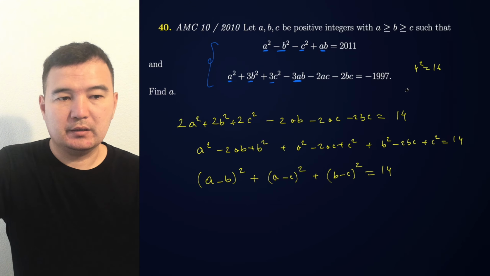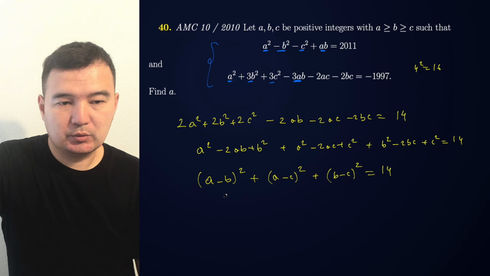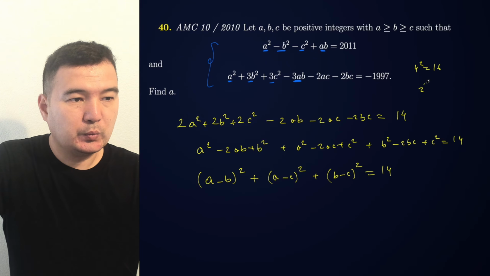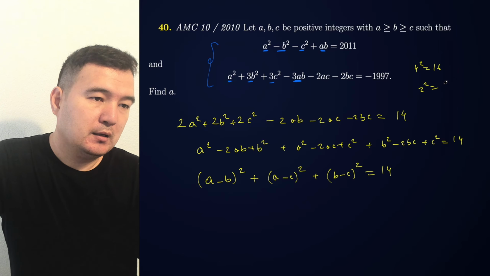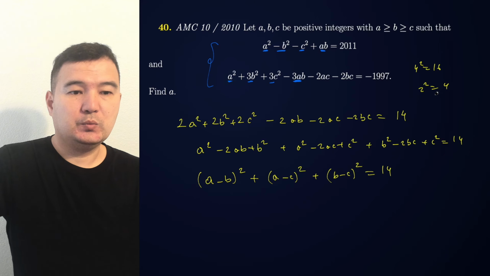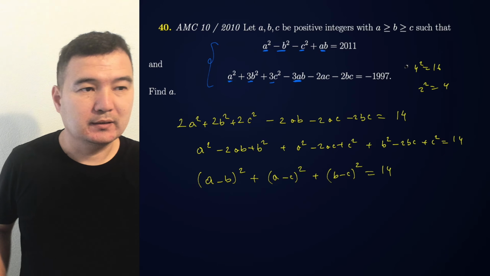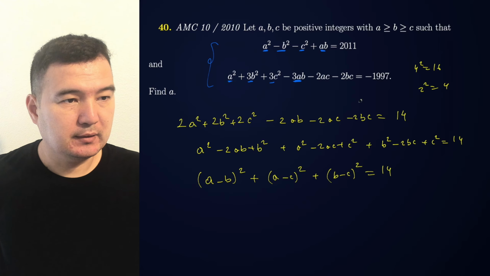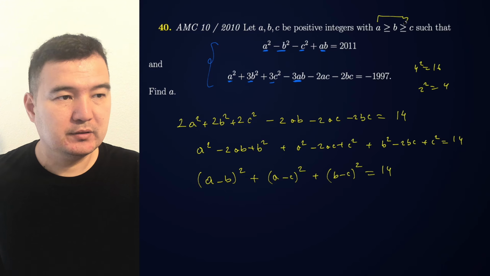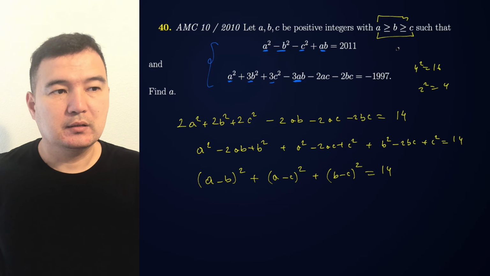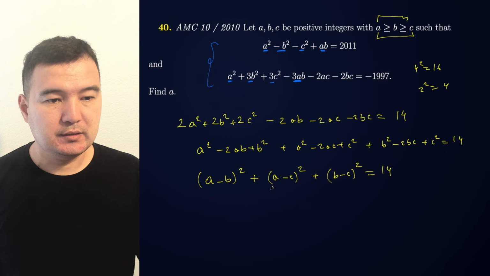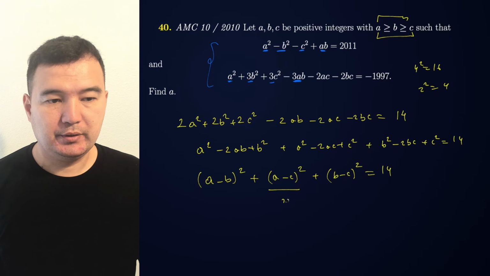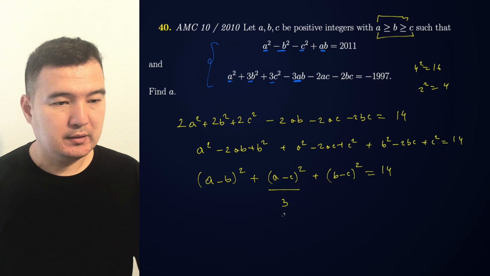We can have 2 squared, which is 4, so 4 plus 4 plus 4 is 12. So what is the largest of these 3 numbers? That's A minus C, right? The difference between the smallest and largest. So this A minus C has to be 3.